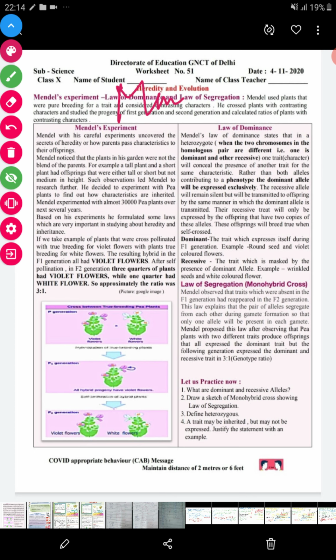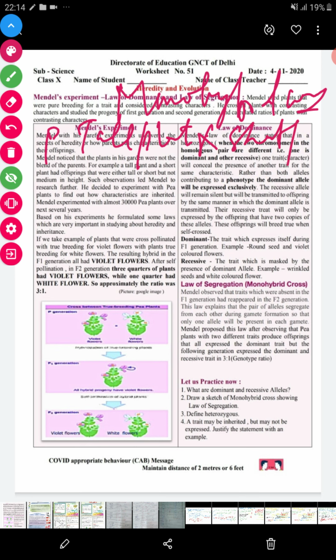For the monohybrid cross, see, in the parent generation, we have all tall plants crossed with short plants. Okay, it can be written like this, these are the true breeds.